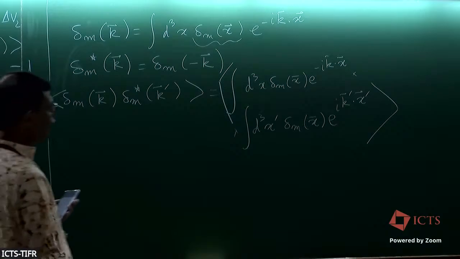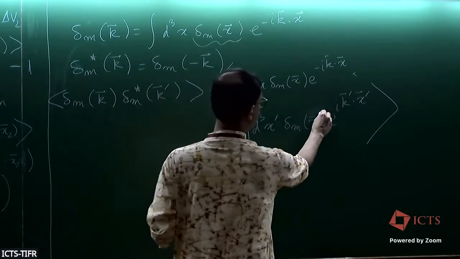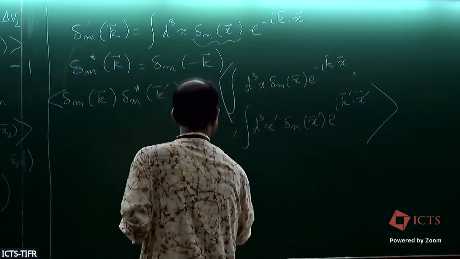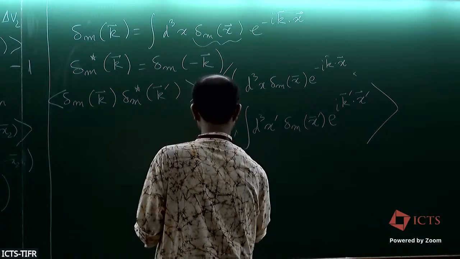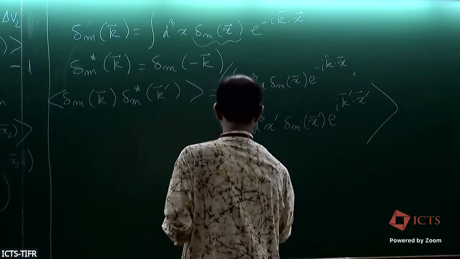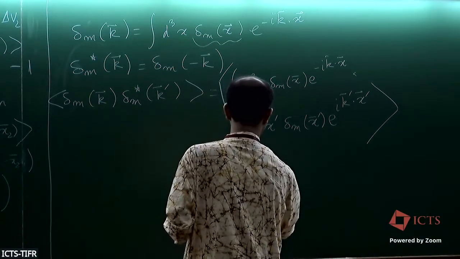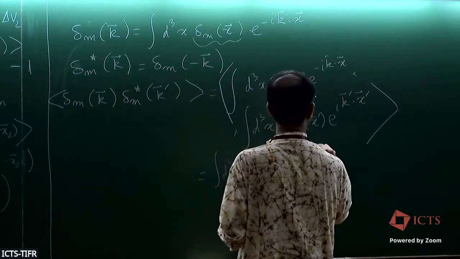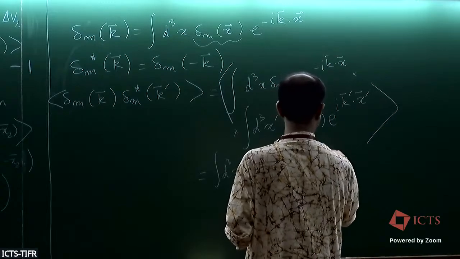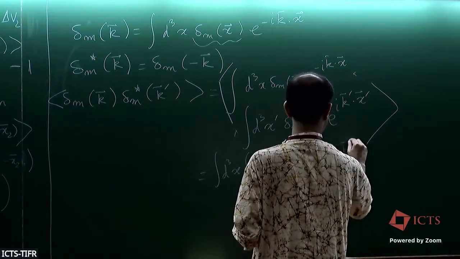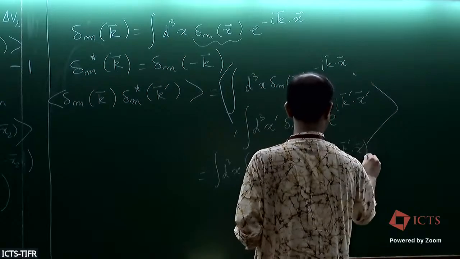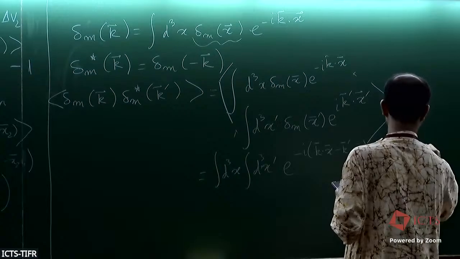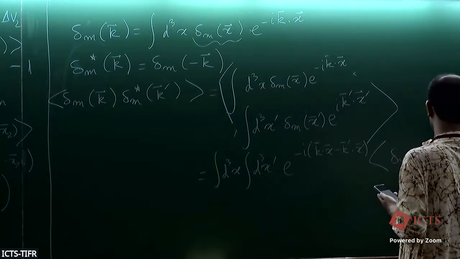Now remember, the things which are stochastic are these delta m's. So what I can do is take this d cube x prime e to the minus i k dot x minus k prime dot x prime, and then write the ensemble average as delta m of x, delta m of x prime.